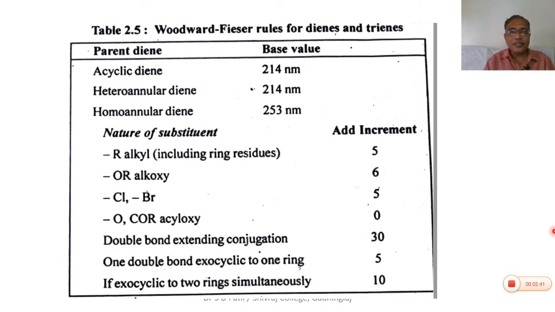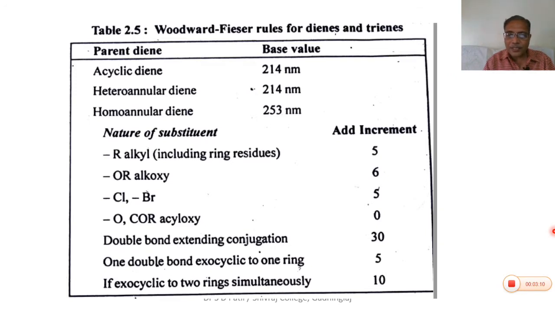Again, this is a similar type of table which explains for acyclic diene, heteroannular diene, homoannular diene, and for different substituents based upon the nature of substituent there are increments. Alkyl group 5, alkoxy 6, halogens as I mentioned earlier 5, COR and O, that is ether, and acyl group 0 increment.